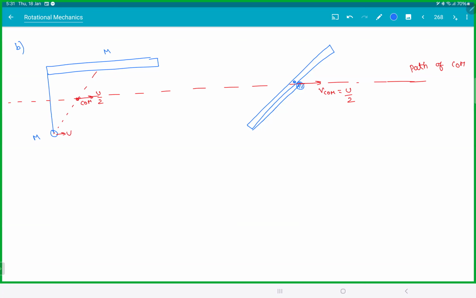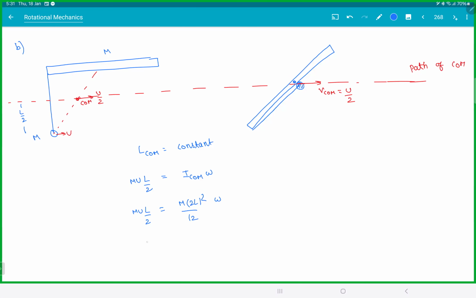You're done. Conservation of angular momentum about center of mass. The initial angular momentum is mu by 2, because this is L by 2, equal to I_COM omega. Ball is anyway 0. It is at the same position. So rod is M L square by 12 omega.